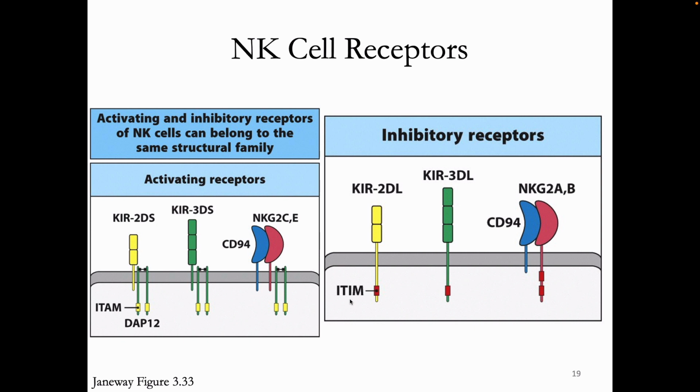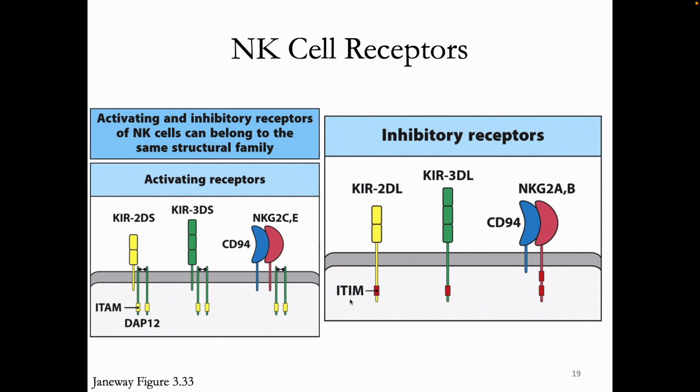Alternatively, the inhibitory receptors have a different domain in their cytoplasmic tail. That domain does not contain an ITAM. Instead, that domain contains something called an ITIM. An ITIM is another stretch of amino acids. It still contains a tyrosine.